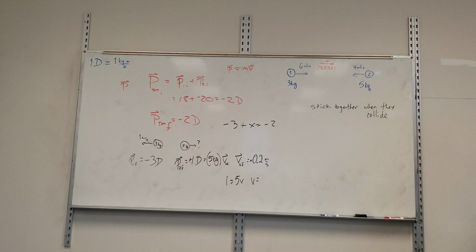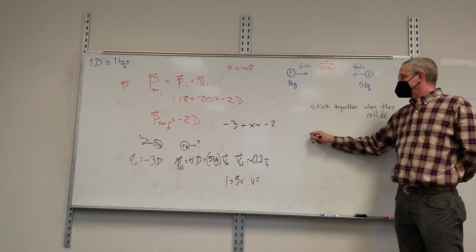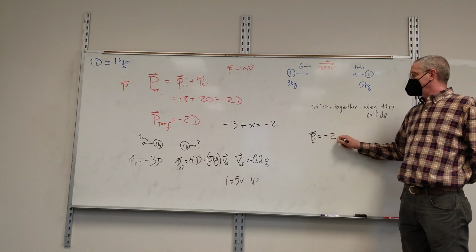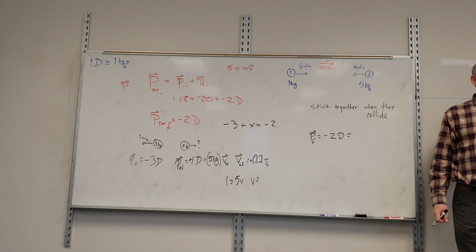Now, what is their total momentum after the collision? Is it the same? Yes, it is. It's still -2. All right, I know that P final is equal to -2 units. And that's got to be equal to the mass times velocity.